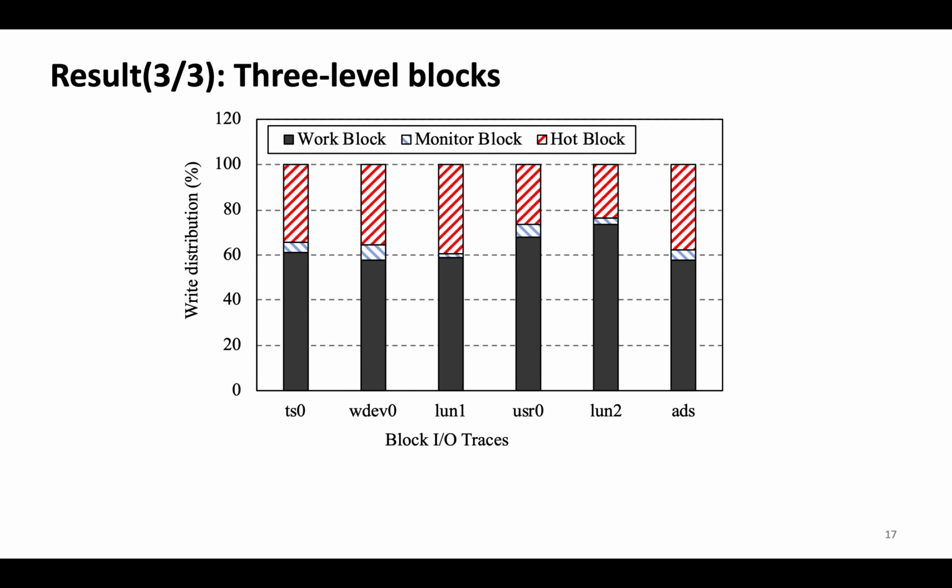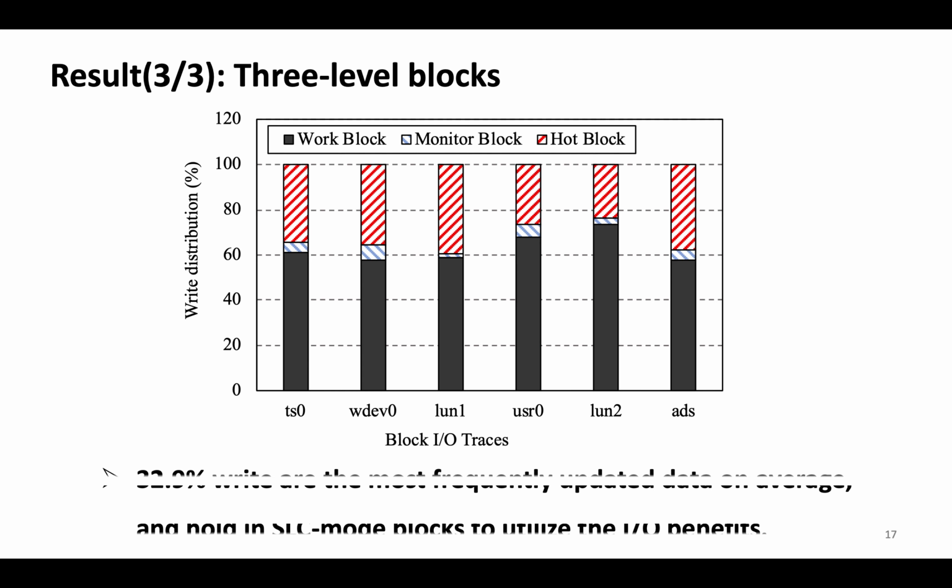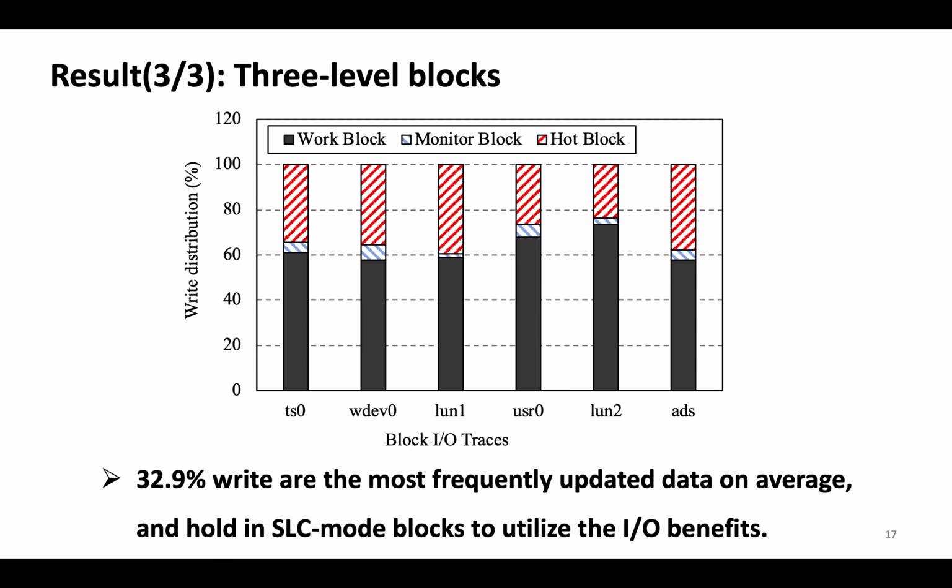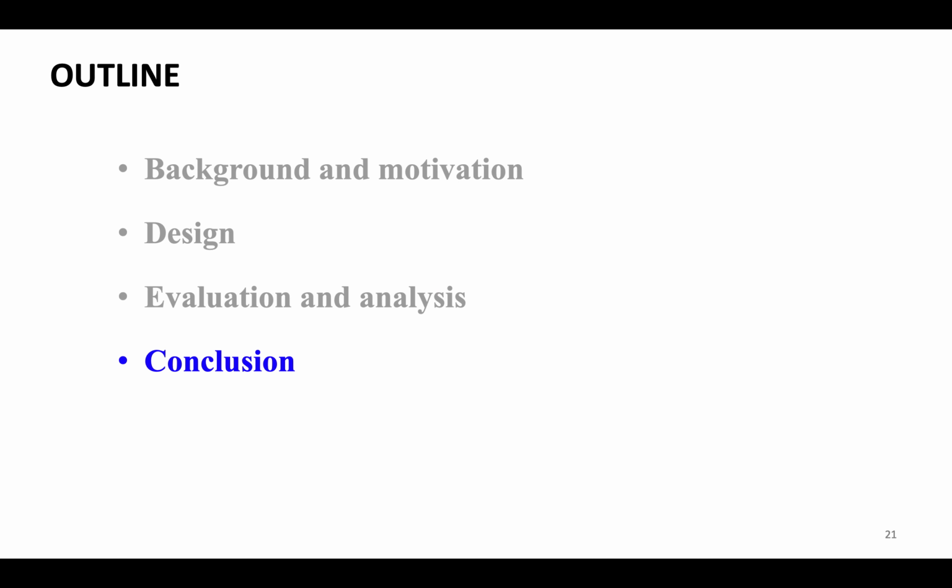The second reason is presented through three-level block utilization. We can find in the figure that about 1/3 of writes are served in the hot block, and the performance benefit can be improved by using the SLC cache. And this is the evaluation part, and the detailed information can be found in the paper.